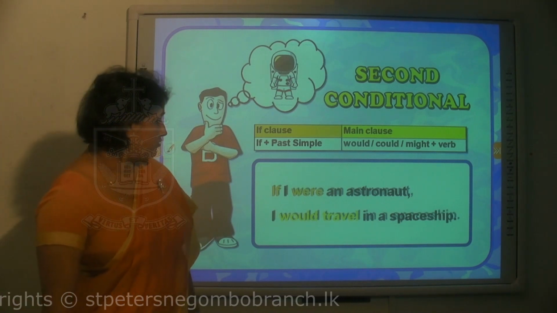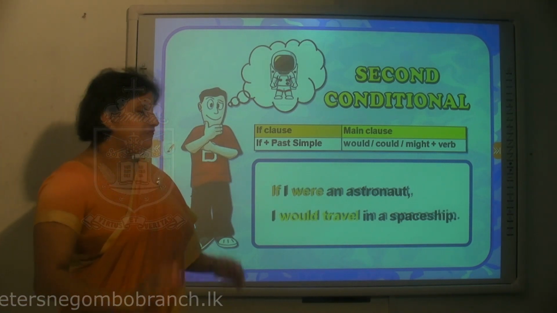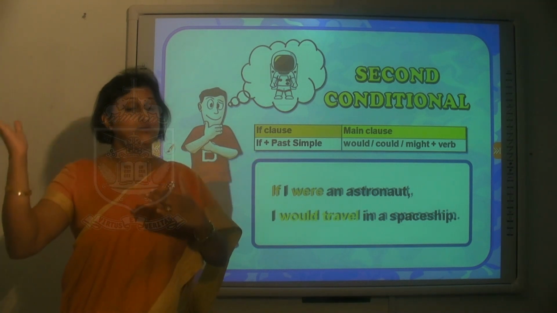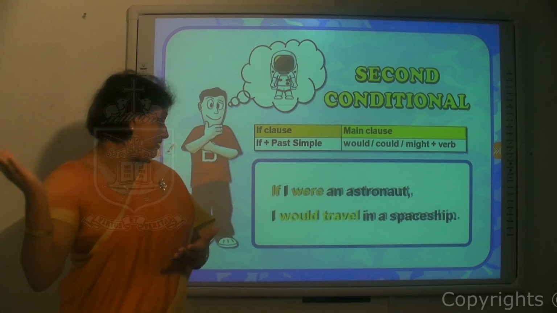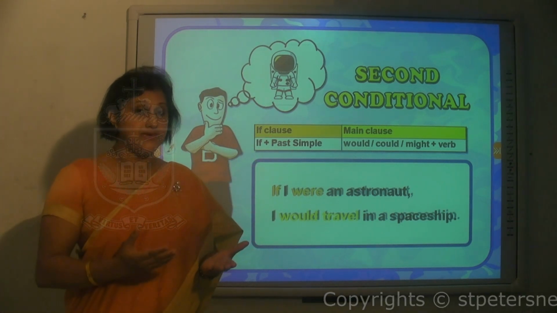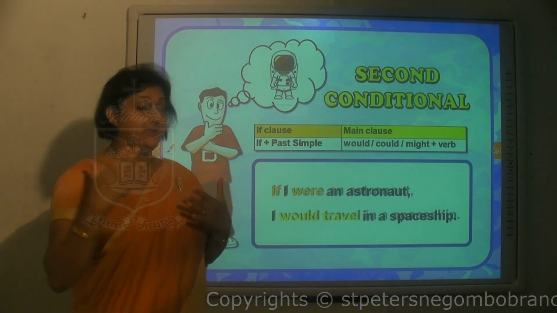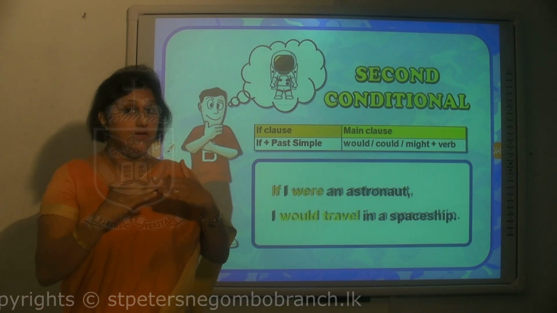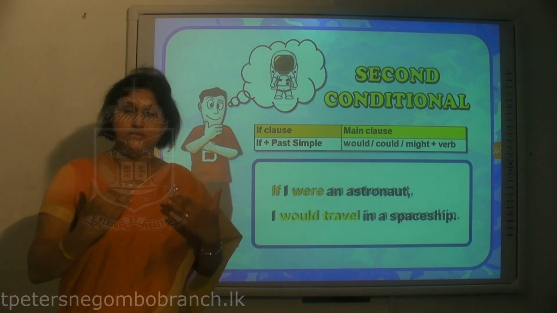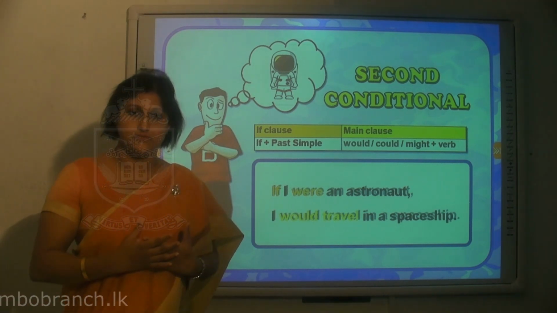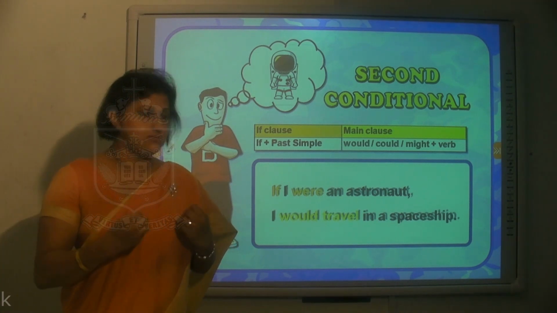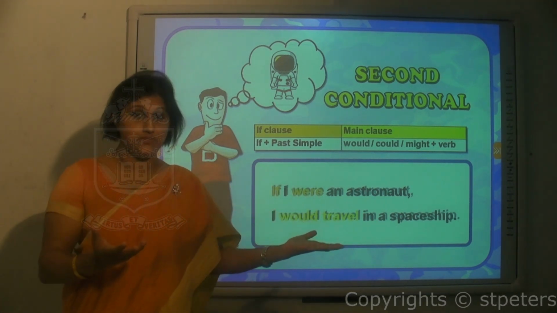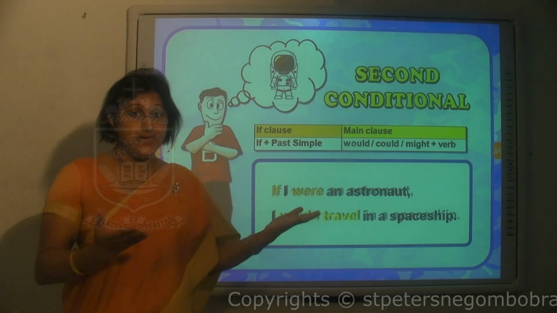So now in this sentence, if I were an astronaut, if I were, something to do with the past tense, I would travel in the spaceship. In this conditional, we talk about impossible situations. You are not an astronaut. So you would travel to spaceship, but the result cannot exist.